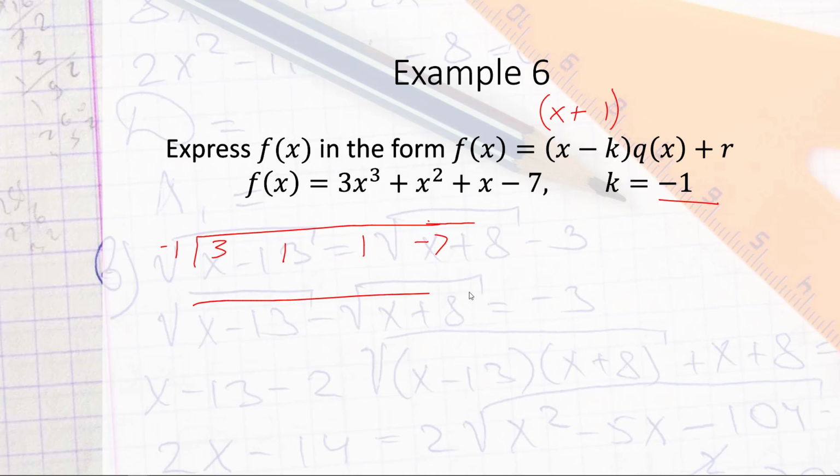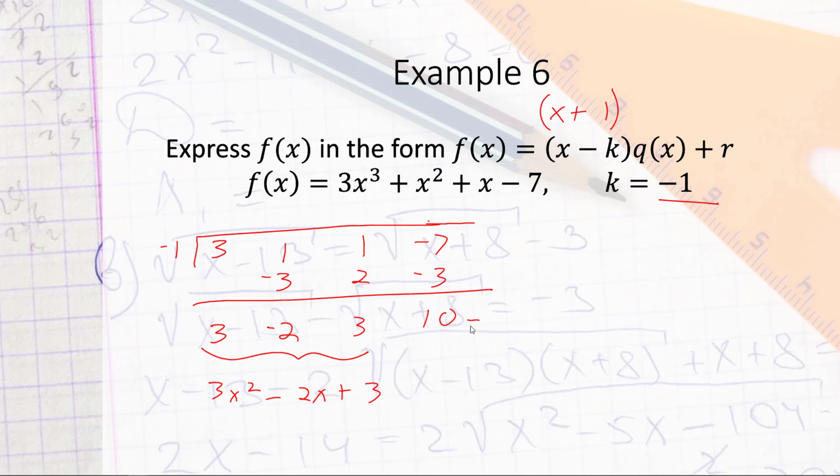Okay, draw our line, bring our 3 down. Negative 1 times 3 is negative 3. 1 minus 3 is going to be negative 2. Negative 1 times negative 2 is 2. 2 plus 1 is 3. Negative 1 times 3 is negative 3. Negative 7 plus negative 3 is negative 10. So this is our quotient, and this corresponds to 3x squared minus 2x plus 3.